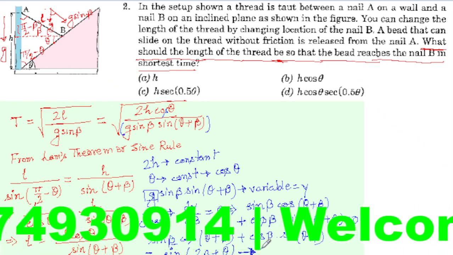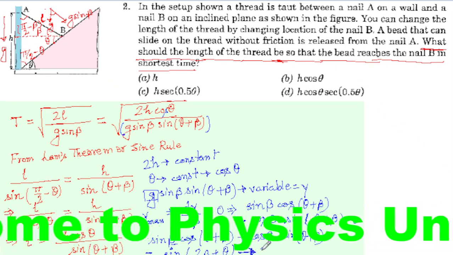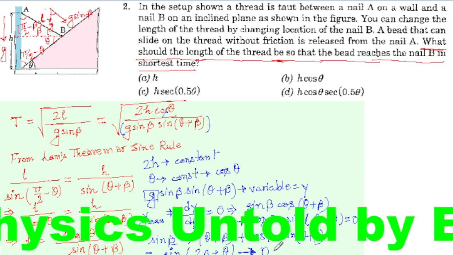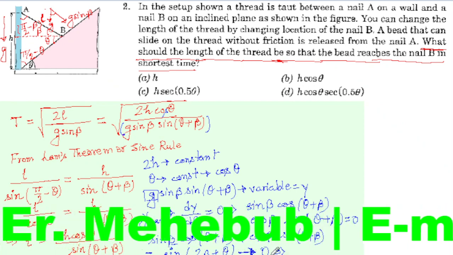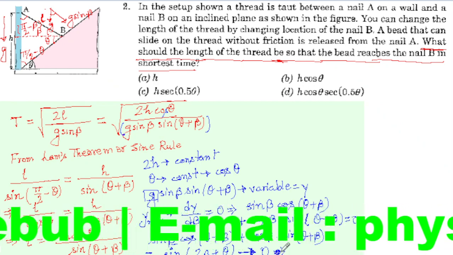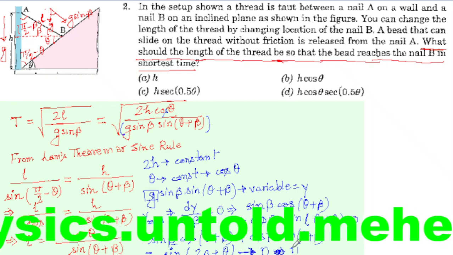The minimum value is equal to 0, and it is not only 0, it is a multiple of pi, so its value is 0 or pi and so on.